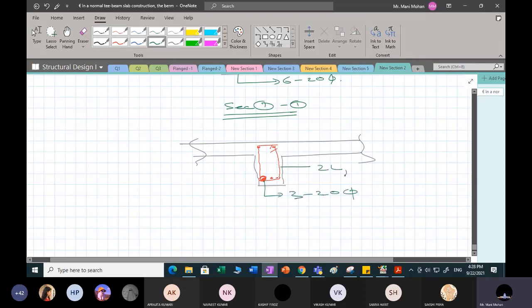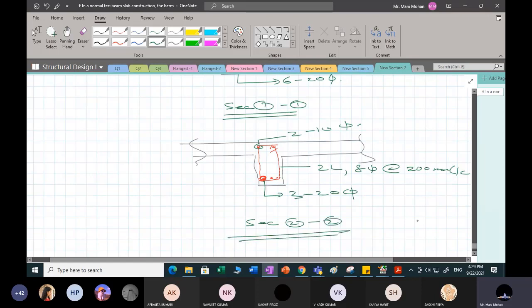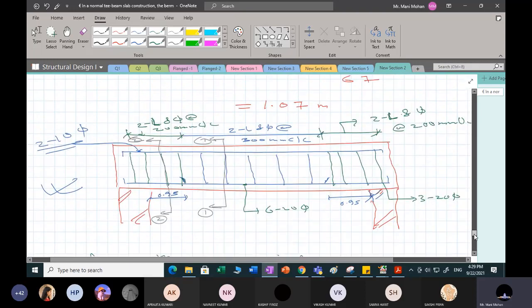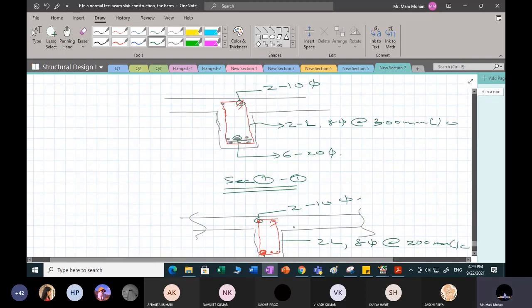This is my two-legged 8 dia at 200 millimeter center to center, because at that section the stirrup is placed at 200 millimeter center to center. And finally, this is my hanger bar, which is 2-10 dia bar, and this is my section 2-2. So in order to give a clear idea regarding the reinforcement detail, it is always good to make the longitudinal profile of your reinforced concrete beam, and then cut the cross section in order to show a closer look at the reinforcement which you have provided in your beam.